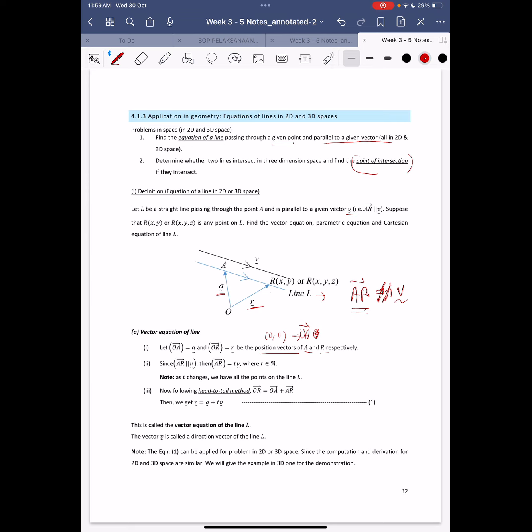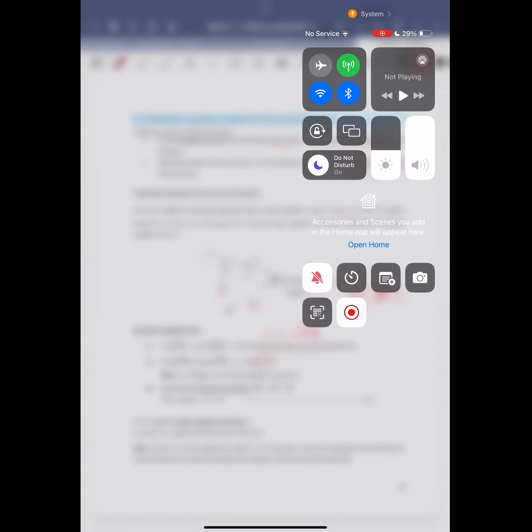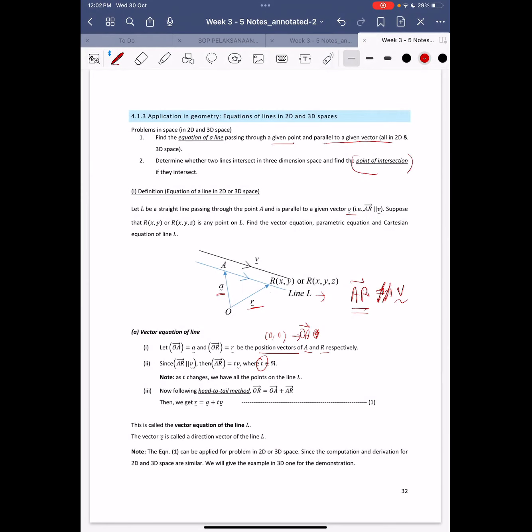When you say parallel with vector V, it has the same direction, but the magnitude will be different depending on the parameter t here. It can be any real value. If one vector is parallel with another vector, it can be expressed as equivalent to that vector multiplied by a scalar.